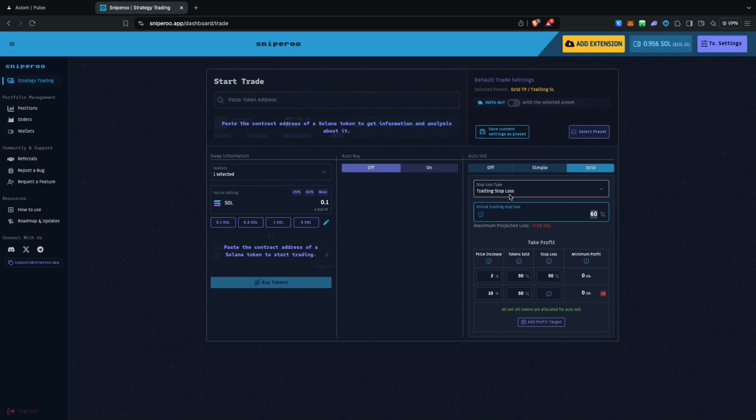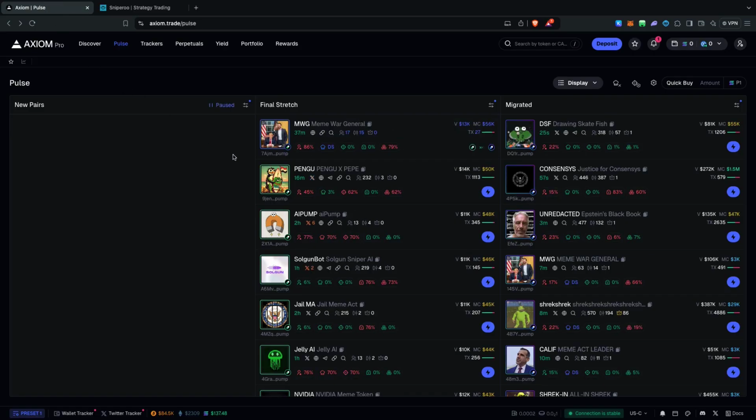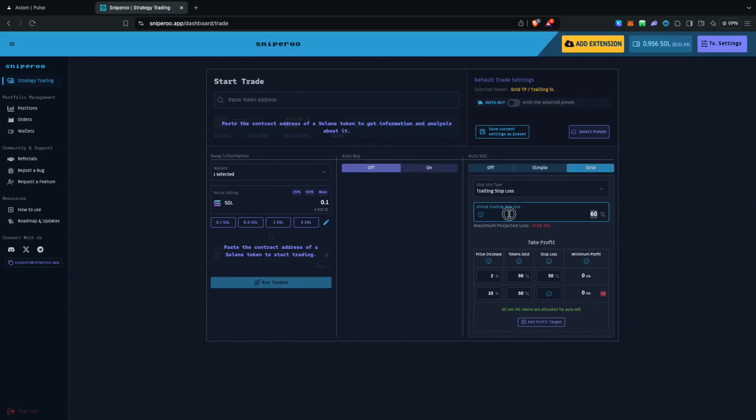If you do not know what these two functionalities are, please just go on Google and understand what a trailing stop loss is.